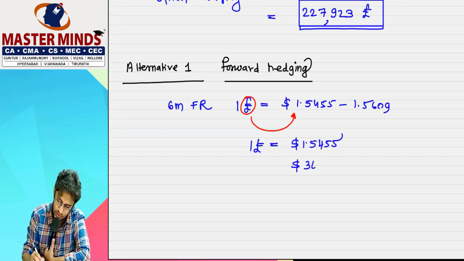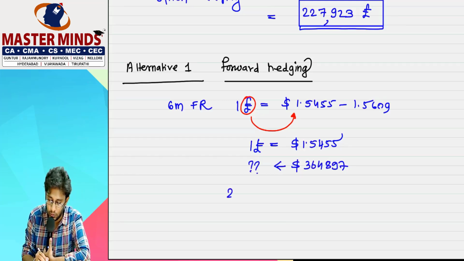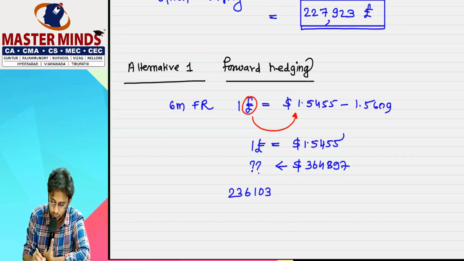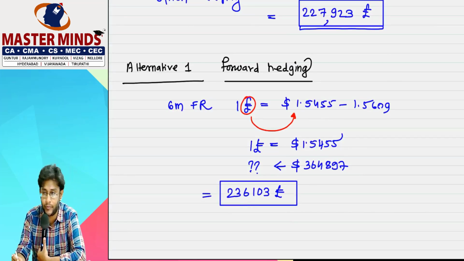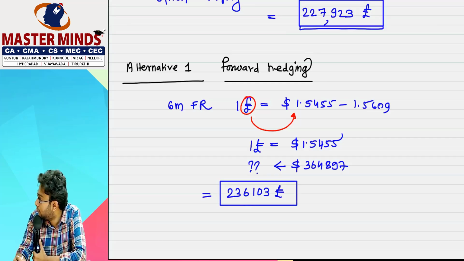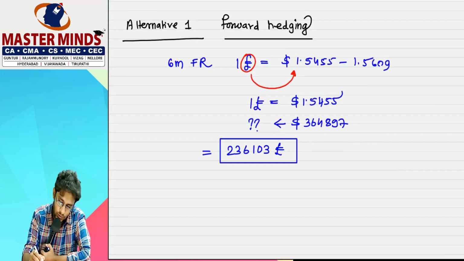How many? 364. 2,30,000. So still options hedging is looking better. Of course, one more fellow is there that will not be selected.